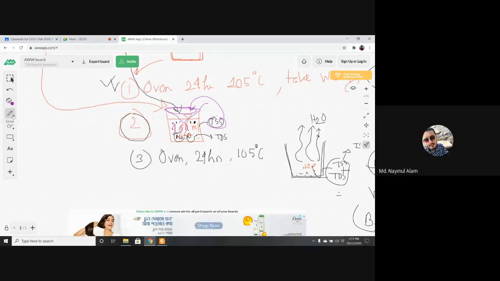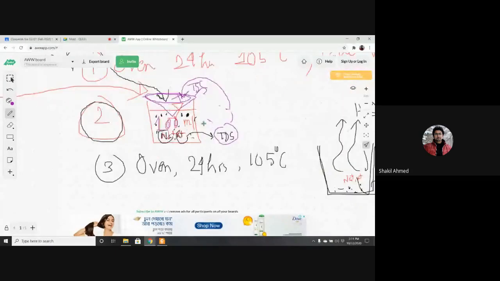Yes, sir. So do you have the TSS here in this water? No, you don't have the TSS here. The TSS is now only here. But TDS, these are dissolved, so they can easily pass through the filter. But the TSS, since they are larger, will be captured in the filter, right?